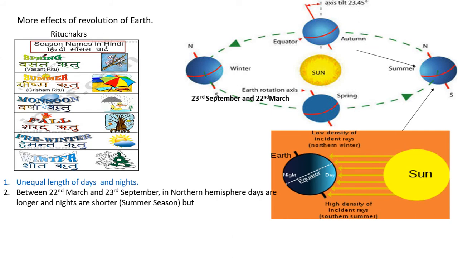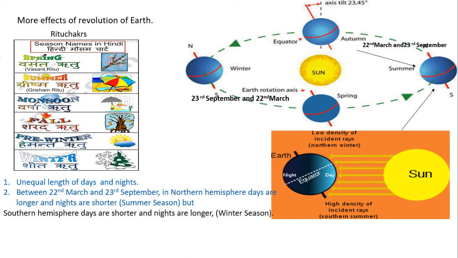Between 22nd March and 23rd September in the northern hemisphere, days are longer and nights are shorter. That is summer season in the northern hemisphere, while in the southern hemisphere days are shorter and nights are longer. It faces winter season during 22nd March and 23rd September.